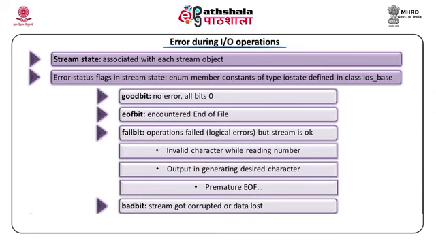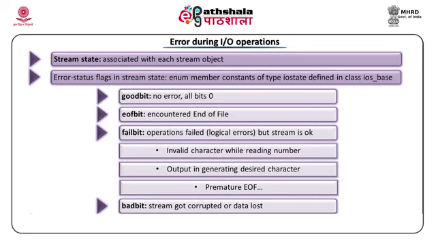EOF bit will be set when it encounters end of file, when we are taking the input from the keyboard, maybe Control Z. Fail bit will be set whenever there are some logical errors while input or output operations. For example, I have said to read the number, but I have entered all characters which cannot be converted into number. Then in this case it will say fail. Sometimes it may be premature end of file, that means I am reading but end of file has already occurred.